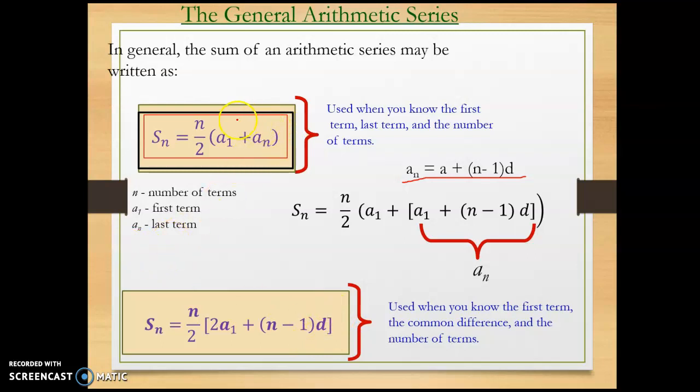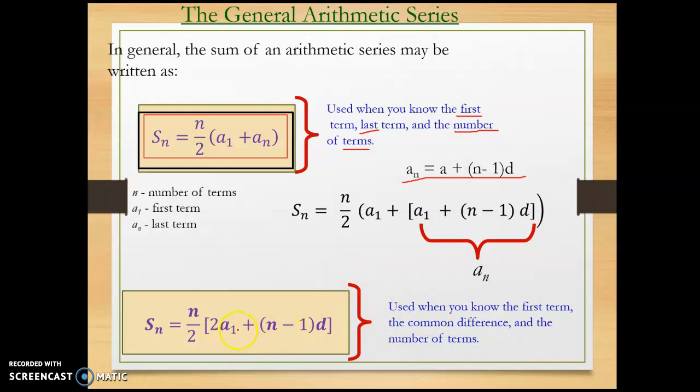Okay, so take note, this is the formula that you're going to use when you know the first term and the last term, and also the number of terms. But if you still have to find the last term, then this is the formula suited for your problem.